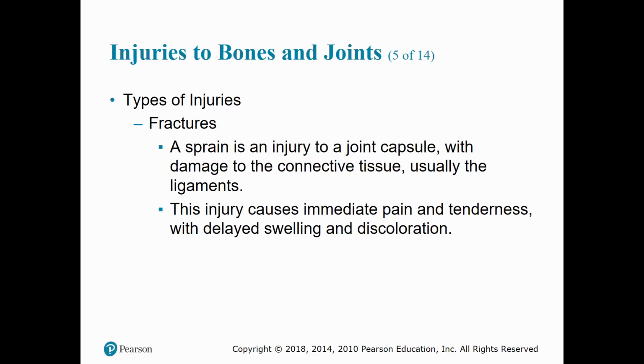Whereas a sprain, now we're affecting the actual joint capsule, so now we're usually affecting the ligaments. If there's an injury to a ligament, usually you'll see swelling and bruising, discoloration. The patient will have severe pain right away.